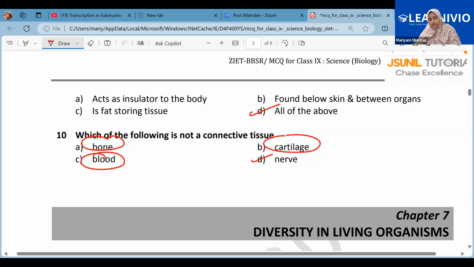Then cytokinin, ethylene, correct. Then gibberellic acid, abscisic acid, isn't it? All of these. Now, out of all of the hormones, which one is called the stress hormone? Abscisic acid. Yes, correct.